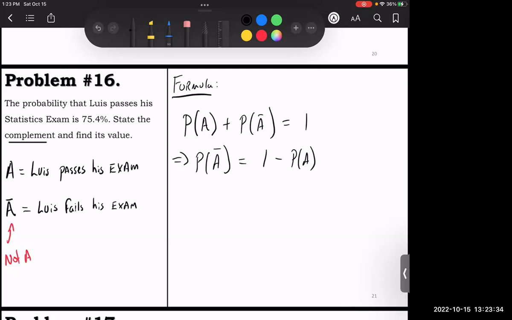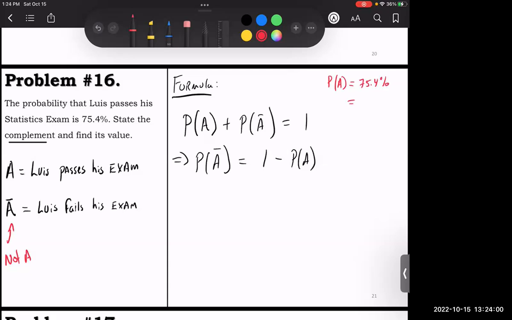Here's the only thing though. When you're starting to work with probability problems, if the likeliness of an event is given as a percentage, for calculation purposes, you use the decimal representation, right? So in this problem, it's stated that the probability of Lewis passing the exam, since A represents him passing, was 75.4%.